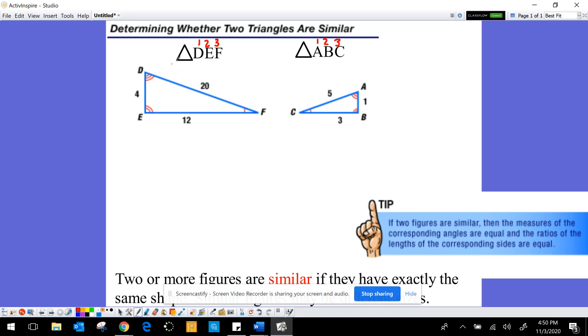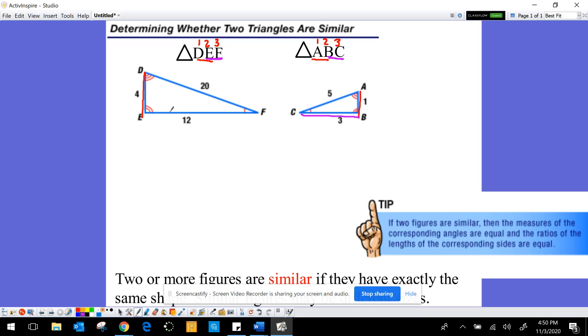So side DE, the first and the second letters, corresponds to AB, the first and the second letters. Then we have EF, the second and third letters in the first triangle, which would correspond to BC, the second and third letters in the second triangle.